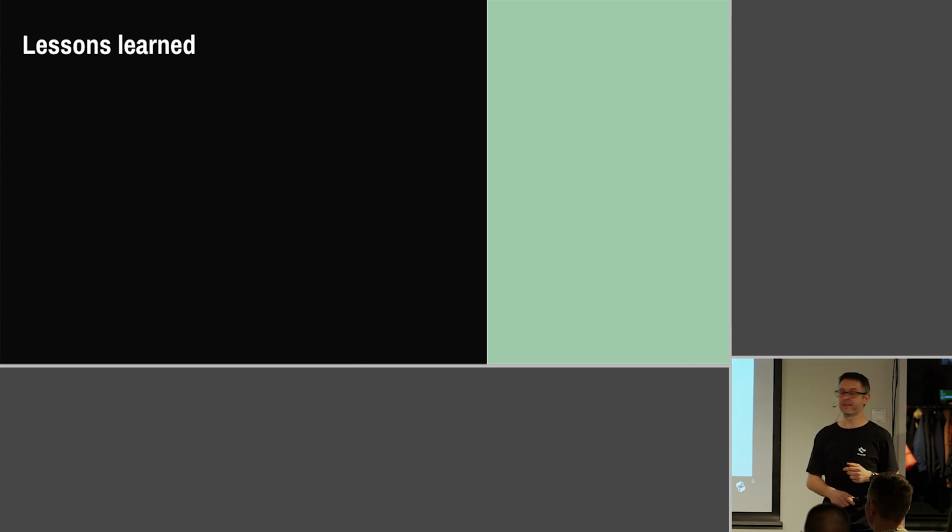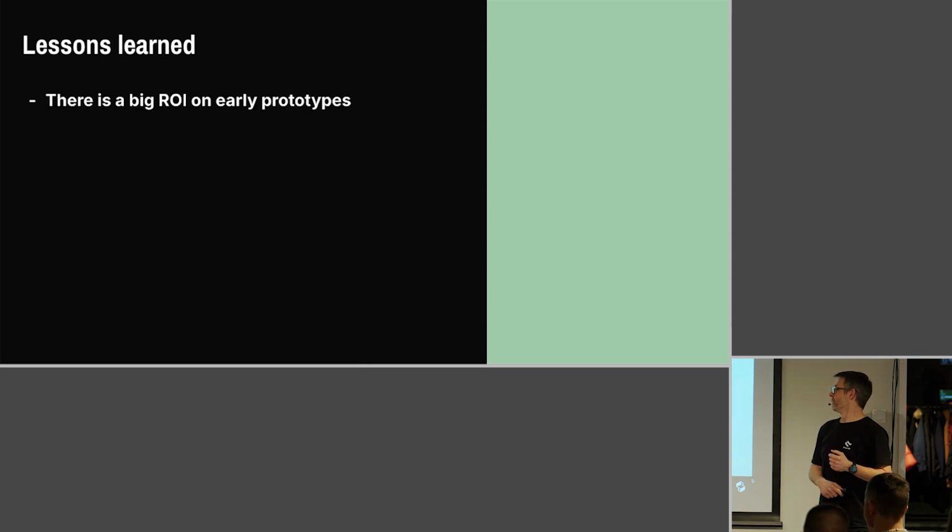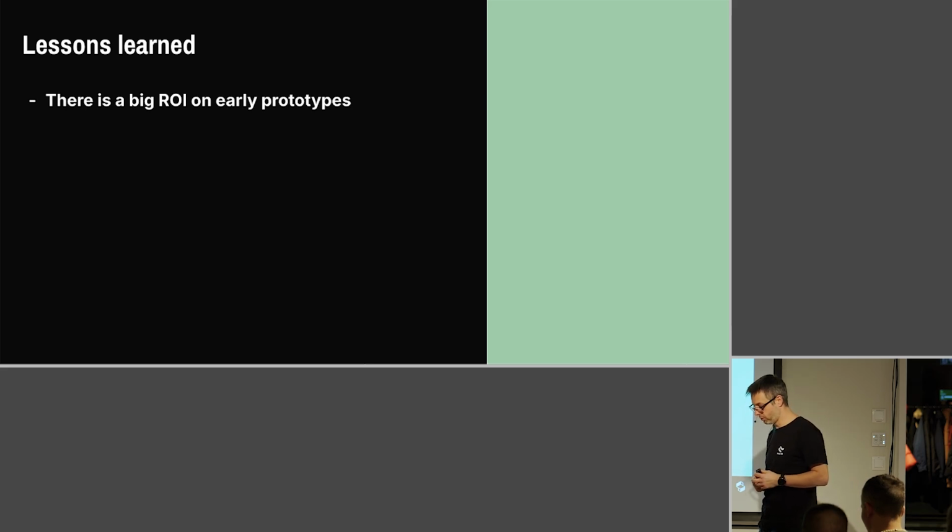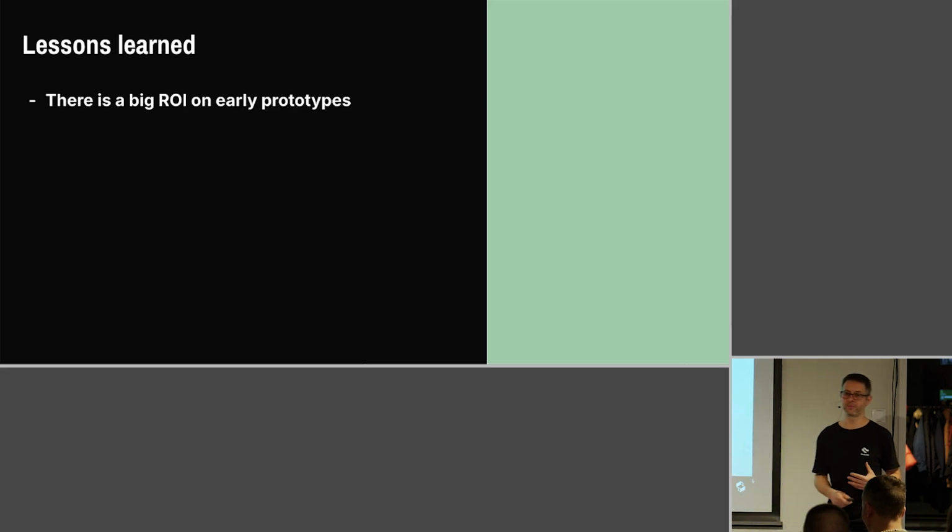So what were our lessons? One lesson is that when you start these big projects, you have to not stay in paralysis, but start and build prototypes early on to validate the biggest technical questions.